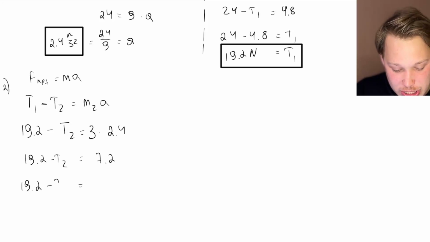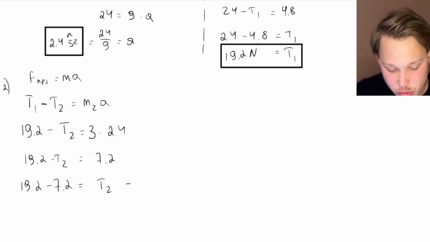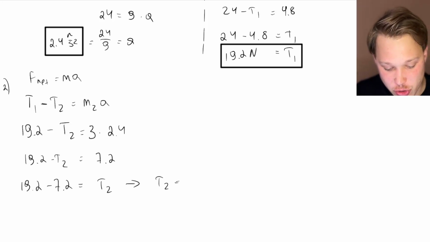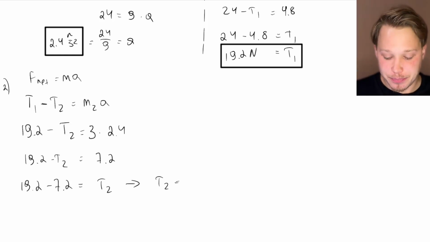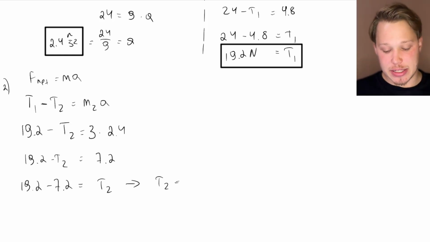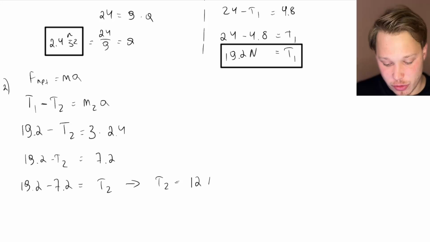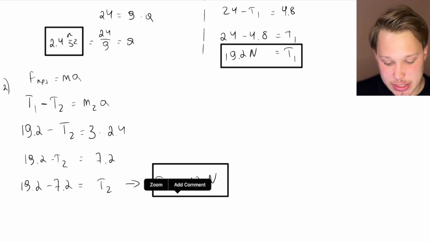If I rearrange this, the second tension T2 is going to be 19.2 minus 7.2, which is 12 newtons. Finally, we have the tension in the second rope.